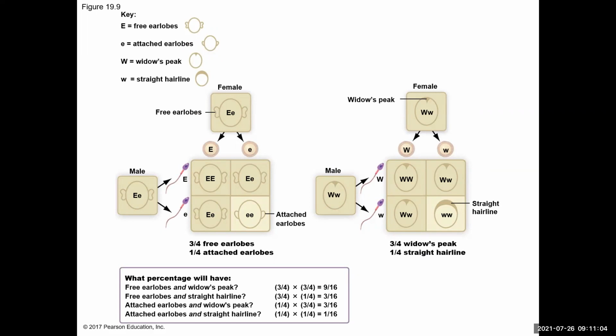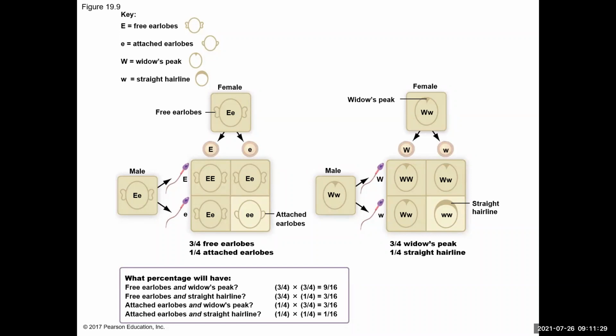So basically, you can say, let's look at earlobes and see what the frequency is going to be, and then let's look at hairline and what those frequencies are going to be. Based off of the monohybrid cross, the F2 generation is going to be a 3-to-1 ratio for phenotypes for both, and then a 1-to-2-to-1 genotypic ratio.